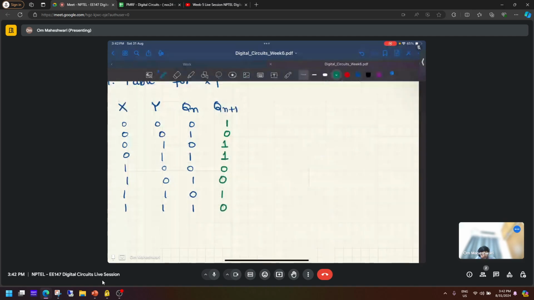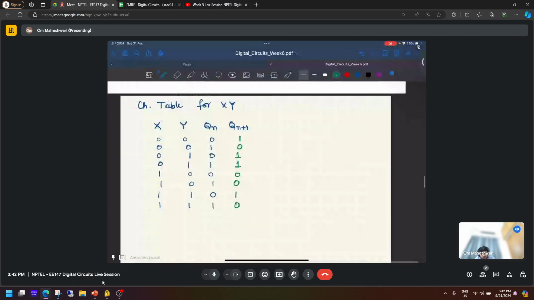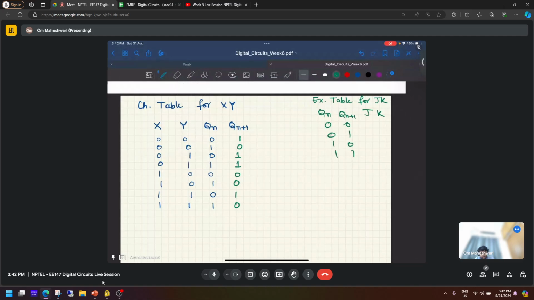The second thing we need is the excitation table for JK. Now we will write J and K here.